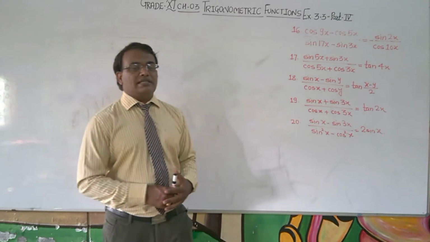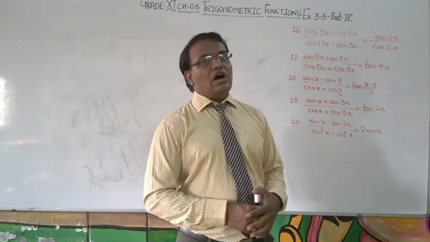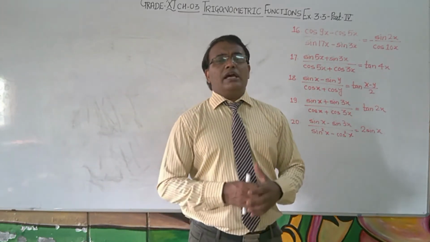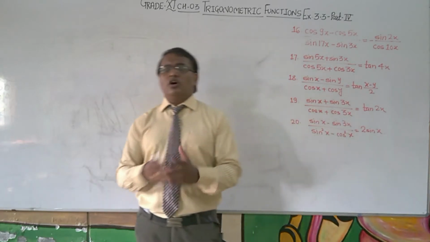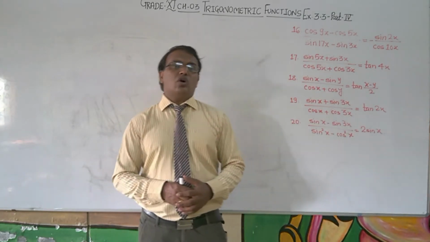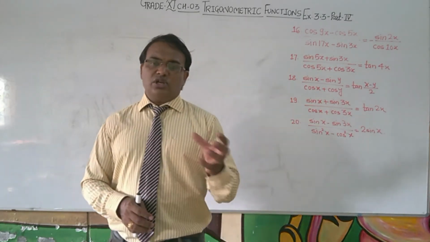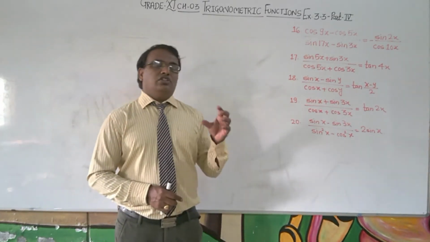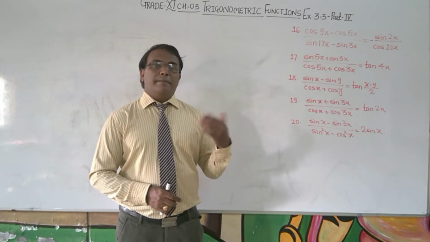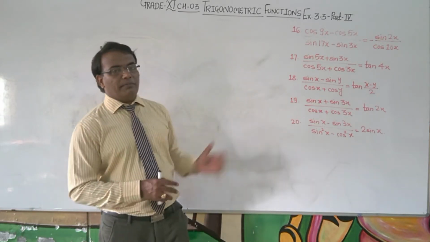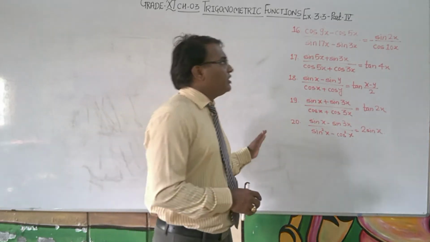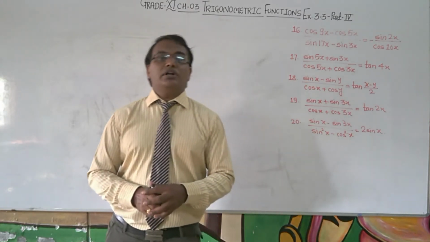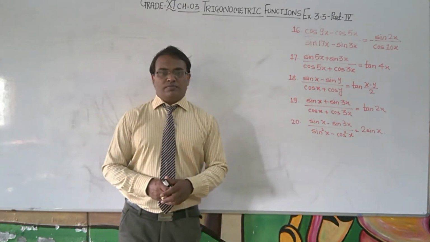We have started exercise 3.3. Exercise 3.3 deals with many formulas, and instead of doing them together, we are doing it in parts. So 3.3 part 1, part 2 and part 3 we have completed already. Right now we will be working on exercise 3.3 part number 4.